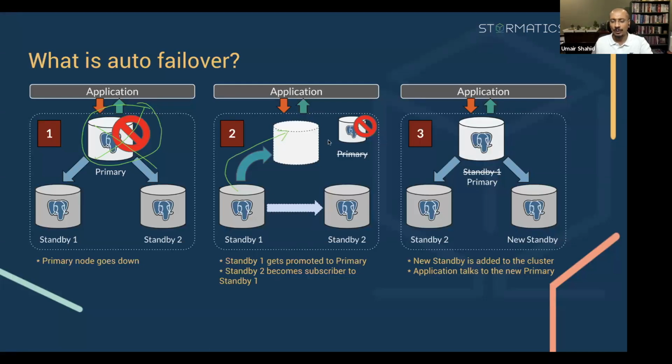It removes the old primary from the cluster, and this previously standby 1 becomes the new primary, and the application can start talking to this new primary. So essentially, this entire failover process ensures that you can very quickly recover from a disaster, and that the database remains available to your application, even in the case of disaster.